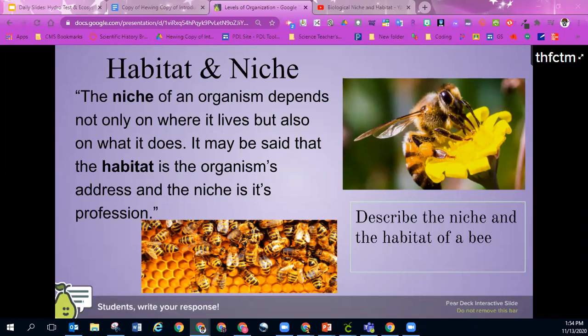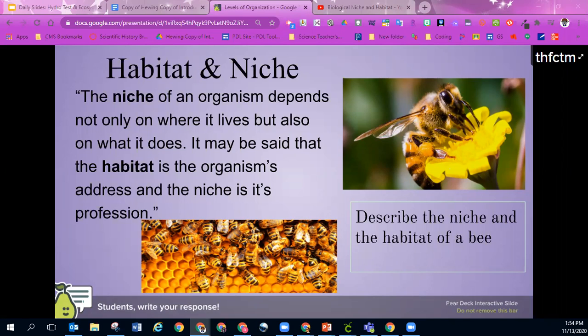Oh, I got some good answers. All right, so the answers that I am seeing is the habitat would be the beehive they live in and possibly the gardens nearby.